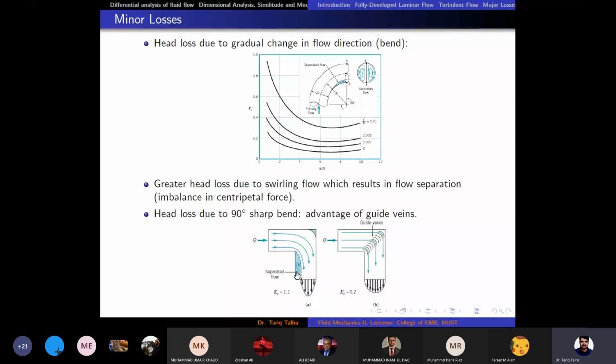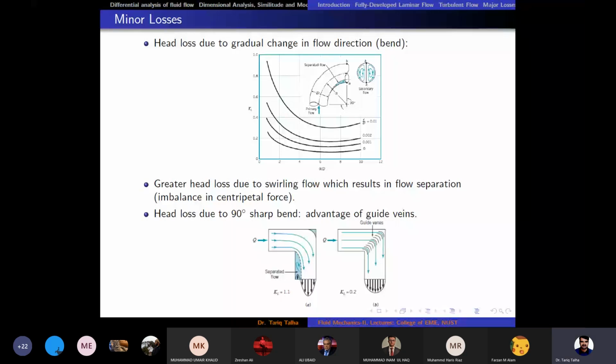But on the right hand side, you can see that there is no flow separation. Why is that? Because they have put guiding vanes inside that turn, so it keeps the flow streamlined and prevents flow separation, right? That is the advantage of putting guiding vanes, and we usually use them in wind tunnels and water tunnels.